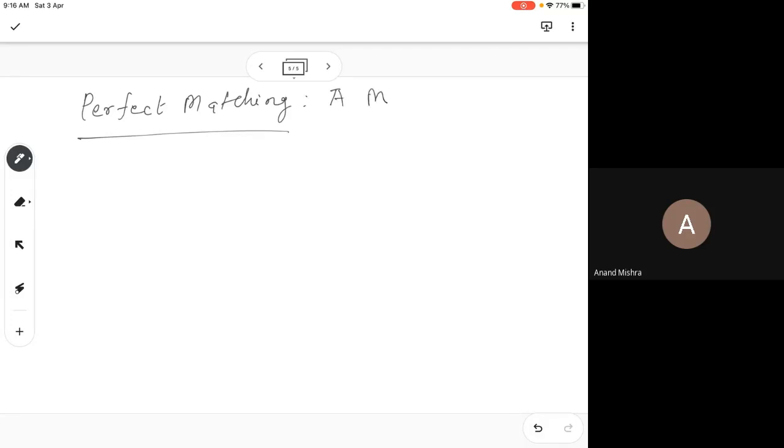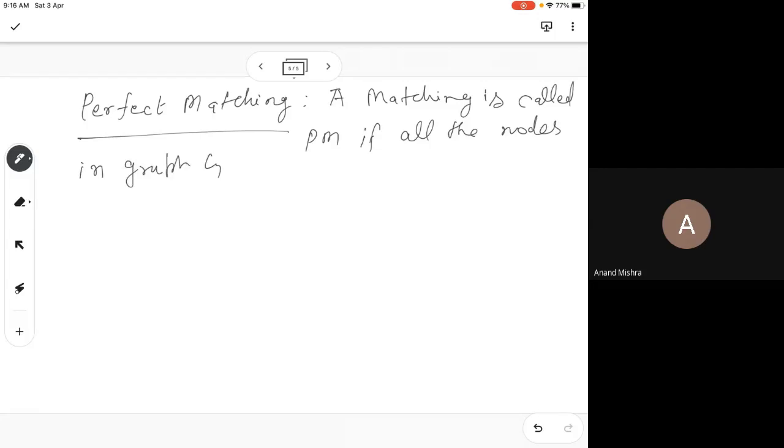A matching is called perfect matching if all the nodes in graph G are matched to some other node, meaning everything is matched, right?